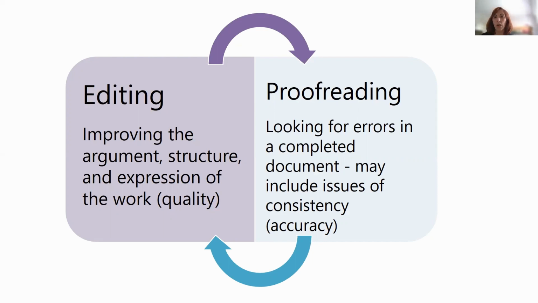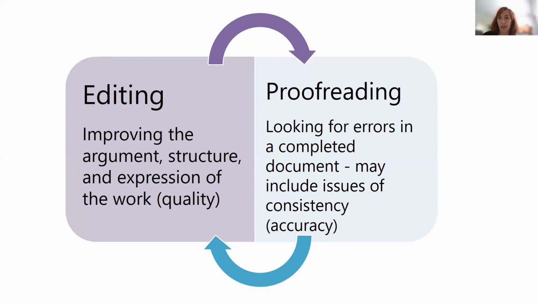It's really at that top level of improving one, argument, two, structure, three, paragraphing, and four, expression, and improving that quality in that order, having a deep look at how the argument is signaled, how the argument is structured, how the paragraphs are working to support that structure, and then how the expression is working.